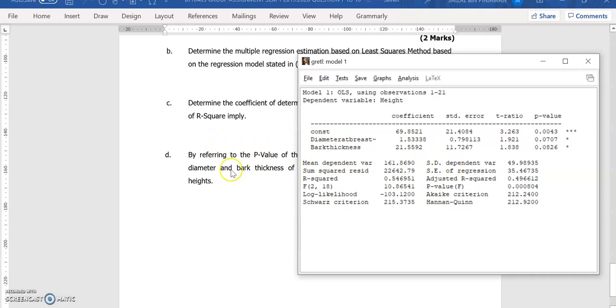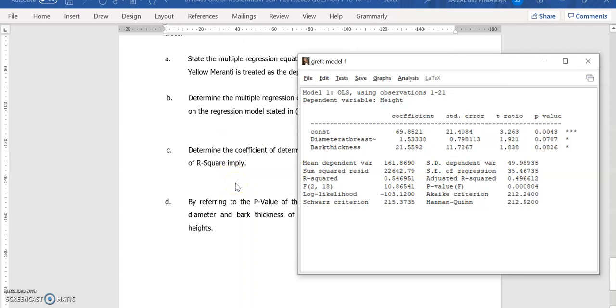Of course, there are a number of important pieces of information that we have to know apart from the coefficient, standard error, t-ratio, and p-value. When it comes to regression analysis, there is additional information that we have to know.